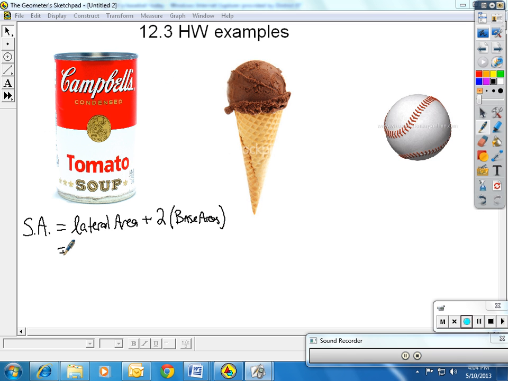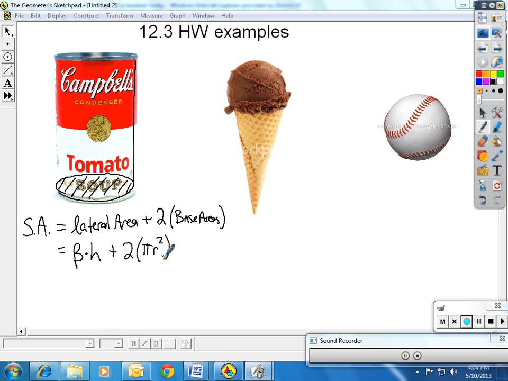The lateral area we already know is the circumference of that base multiplied by height. So base times height plus 2 times the area of the base, which is a circle. So we have 2 times pi r squared.